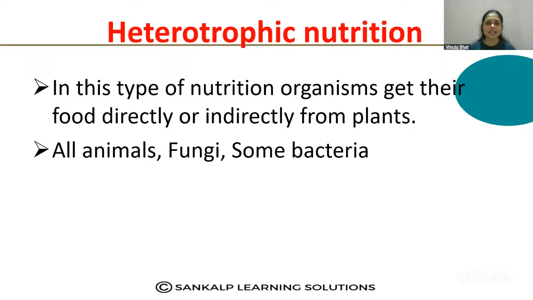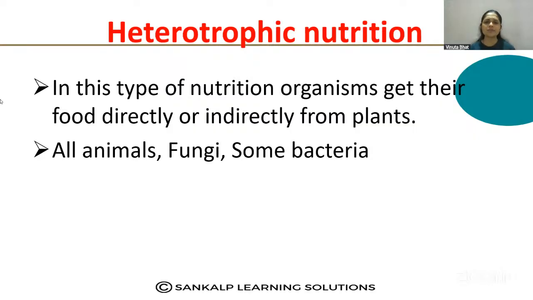In this type of nutrition, organisms get their food directly or indirectly from plants. Directly, for example, some organisms like deer, rabbit and cow directly depend on the plants for their food, and some are indirect.